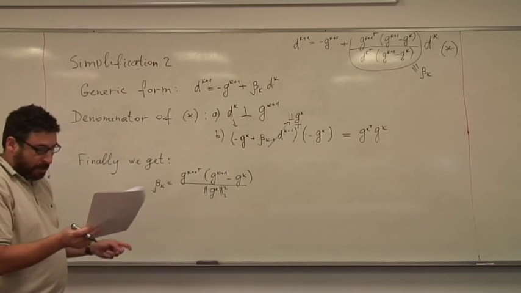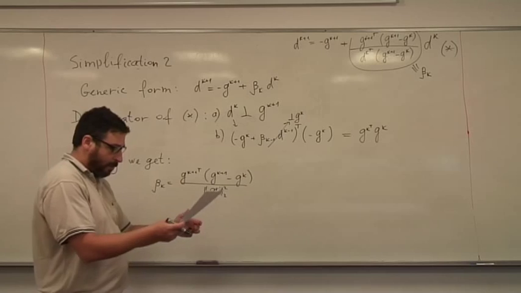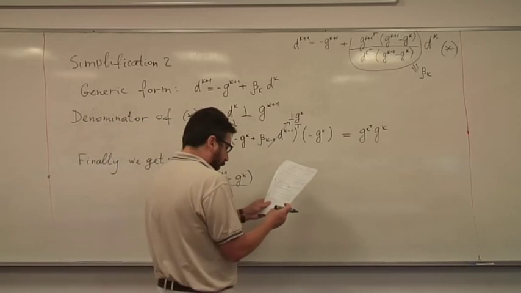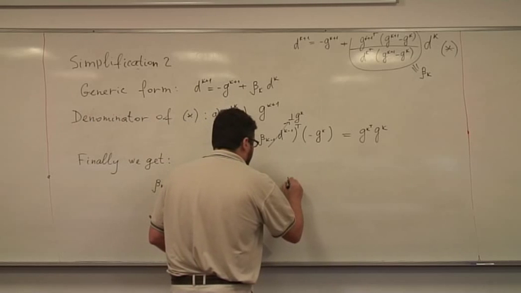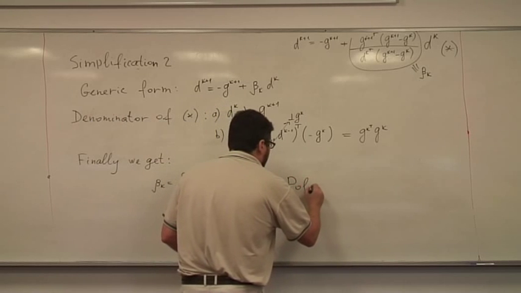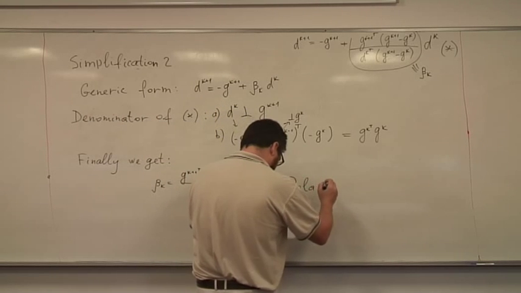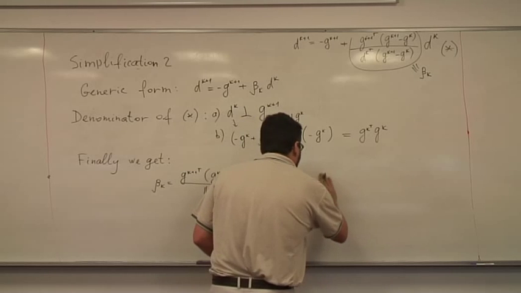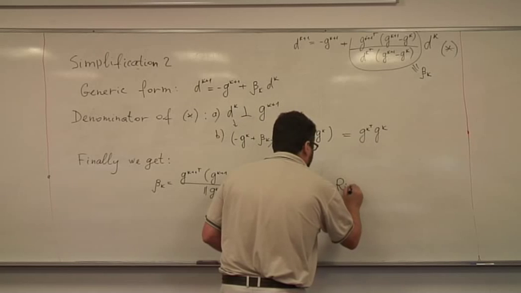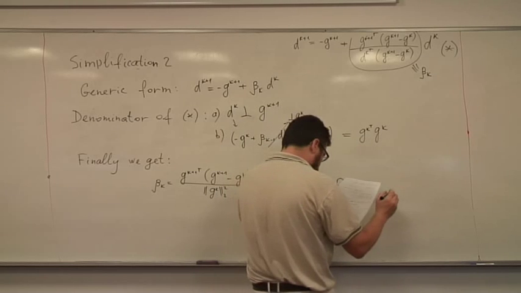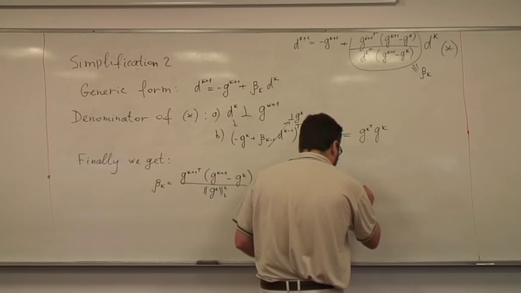And this formula has a name: the Polak-Ribière method.